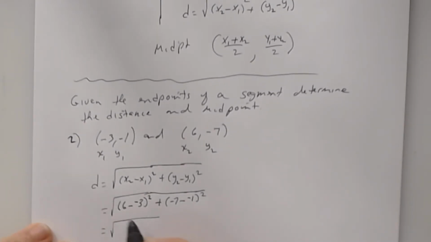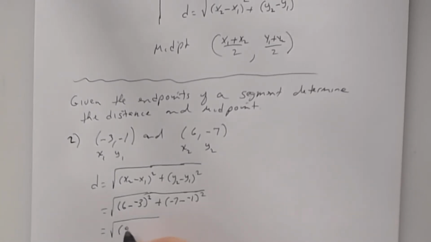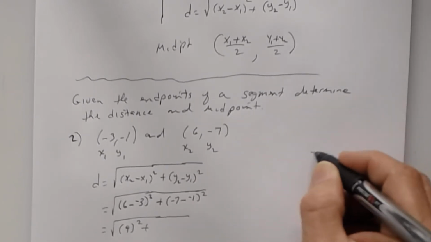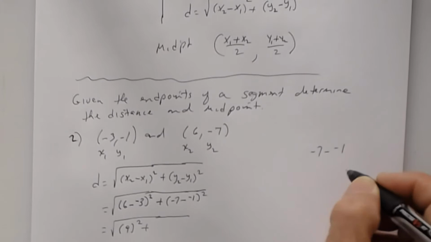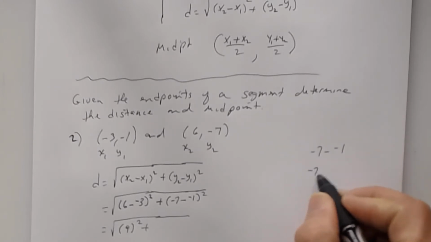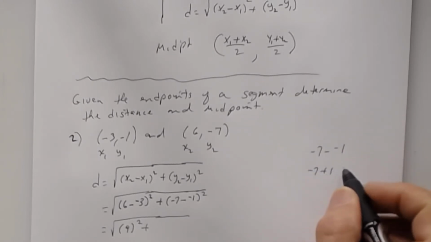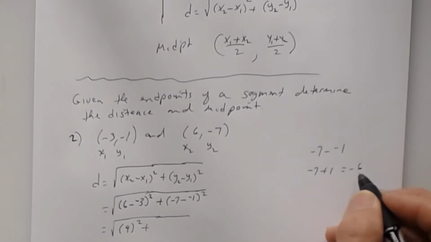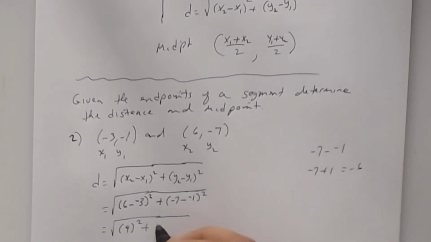Okay, square root of, what is 6 subtracted -3 the same as? 6 plus 3. And what's 6 plus 3? 9. So I'm going to square that 9. Plus, what's -7? I'm going to write it out. A -7 subtract a -1 is the same as -7 plus 1. What's -7 plus 1? -6. So that's the -6 squared.